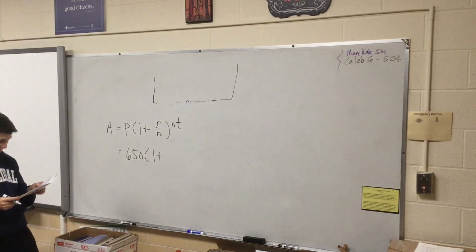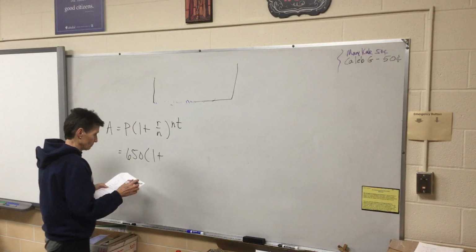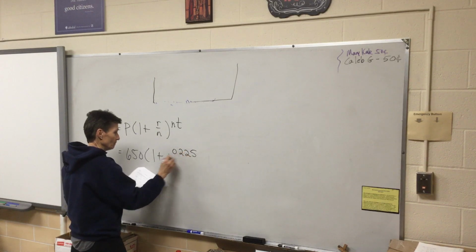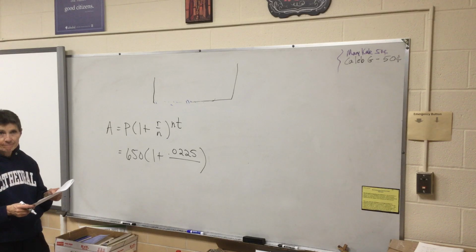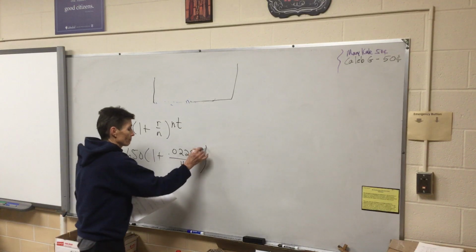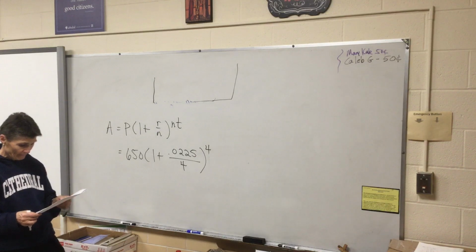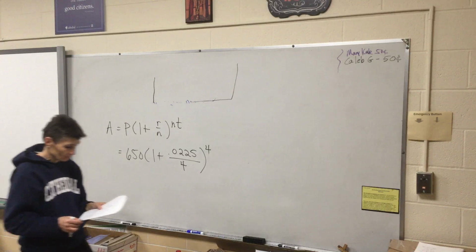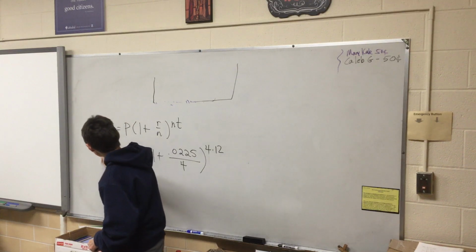And then it's 1 plus R, the interest rate, 0.0225. Beautiful. Over the number of times, 4. Yep. That happens twice. Don't forget it's the denominator and the exponent. And then number of years, so 12 times 10. Perfect. And we're looking for A, right? Yeah.